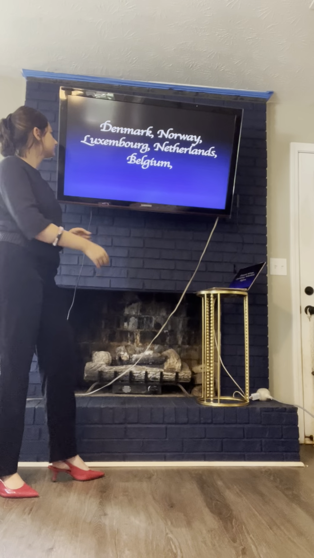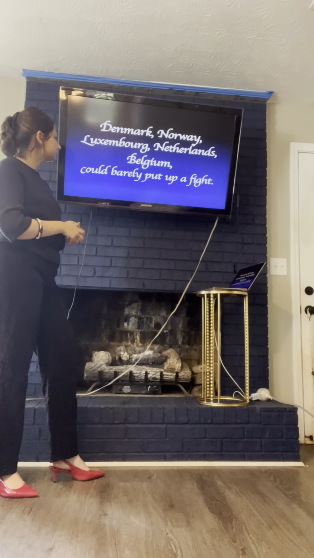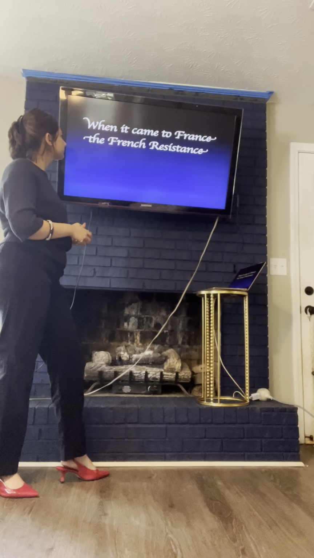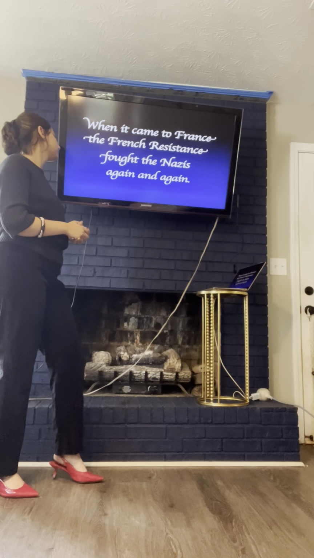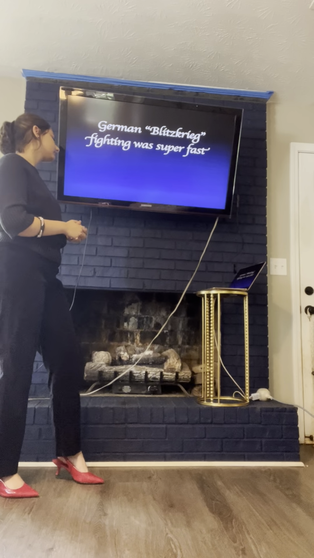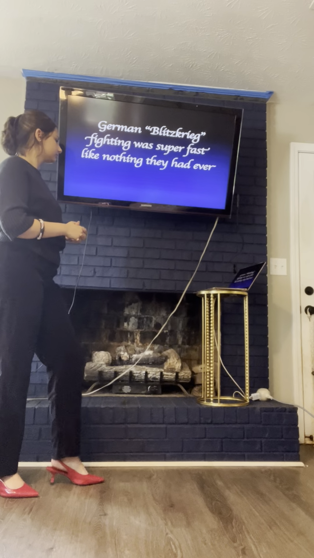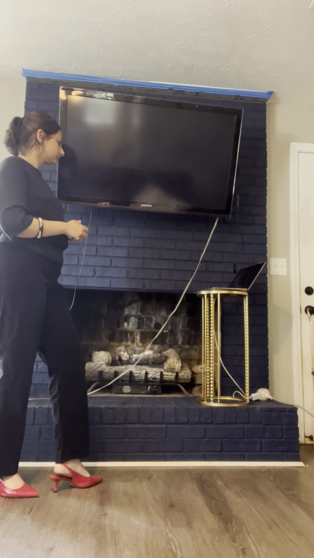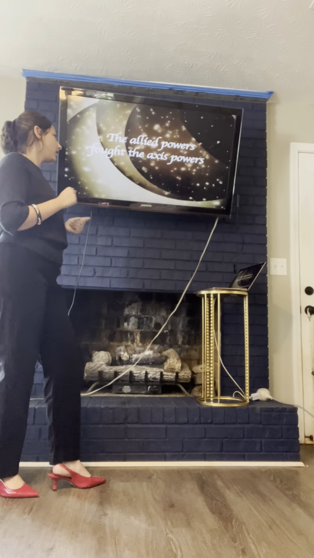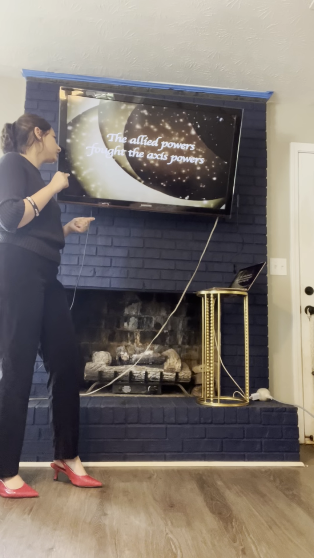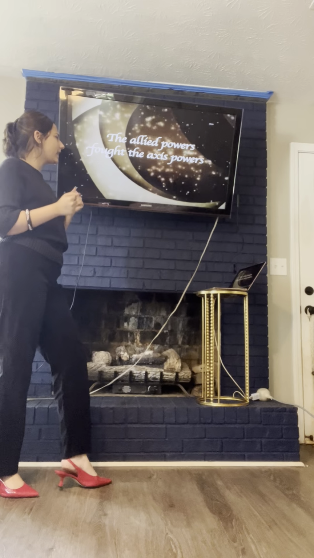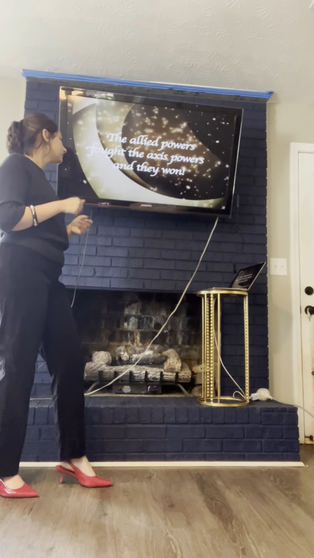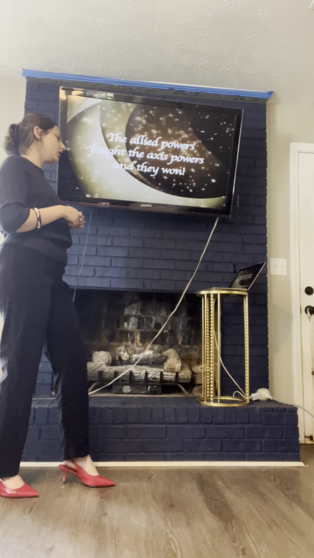Denmark, Norway, Luxembourg, Netherlands, Belgium. Hungary put up a fight when it came to France. The French resistance fought the Nazis again and again. German blitzkrieg fighting was super fast, like nothing they had ever seen in the past. The Allied powers fought the Axis powers in World War II.